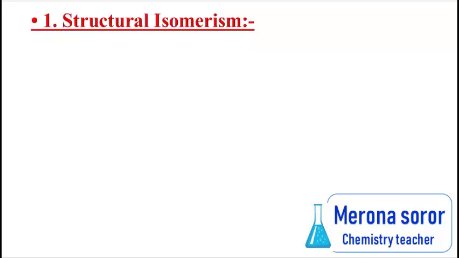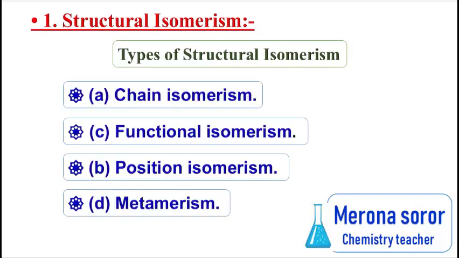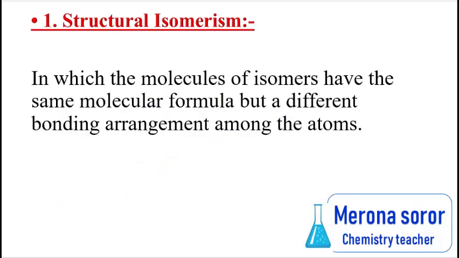The first type is structural isomerism. Structural isomerism is divided into 4 types: chain isomerism, functional isomerism, position isomerism, and metamerism. In structural isomerism, the molecules of isomers have the same molecular formula but a different bonding arrangement among the atoms.